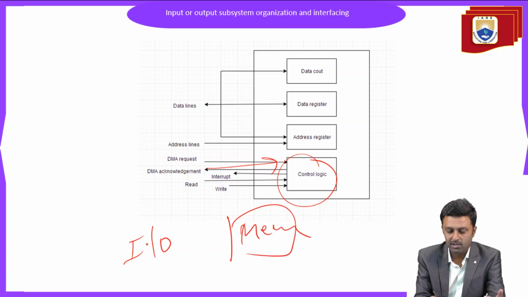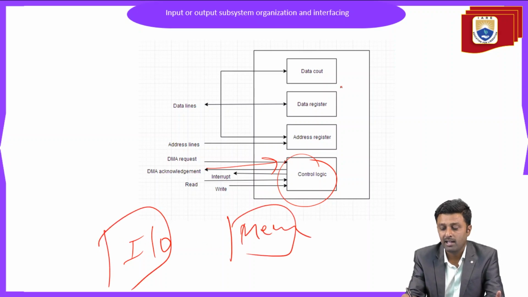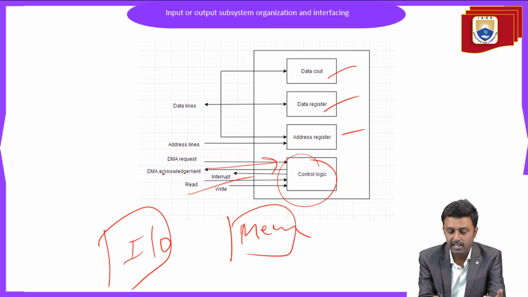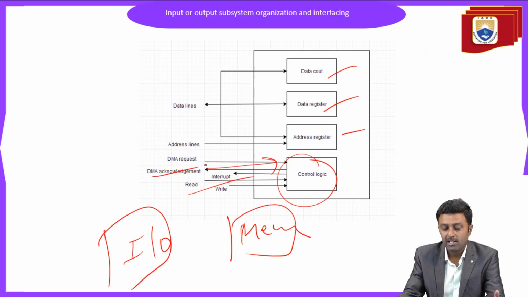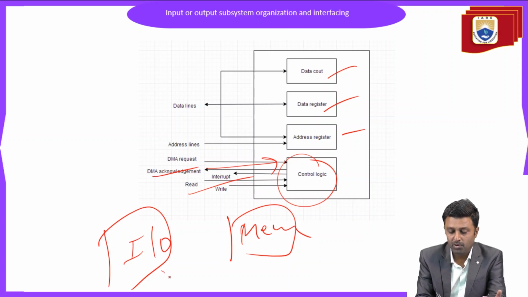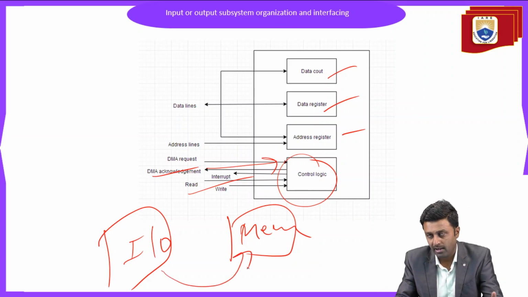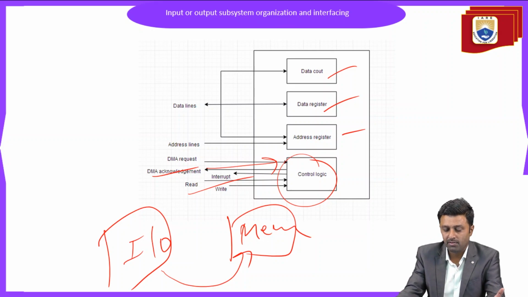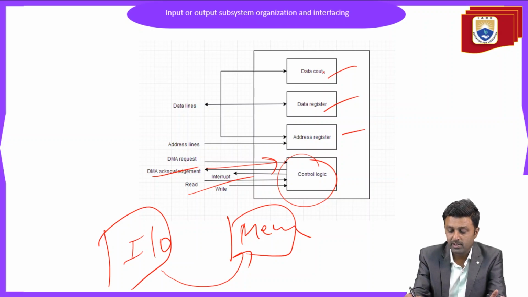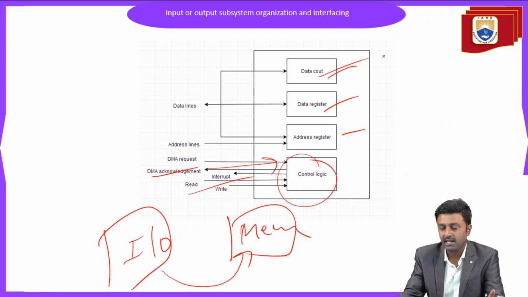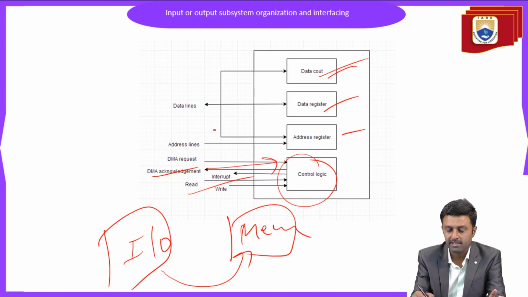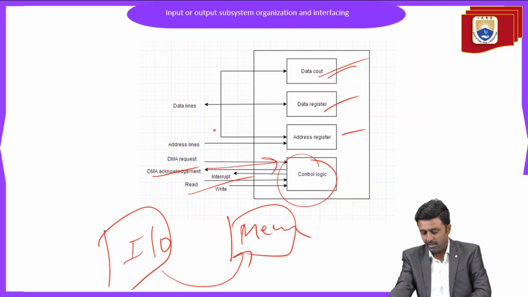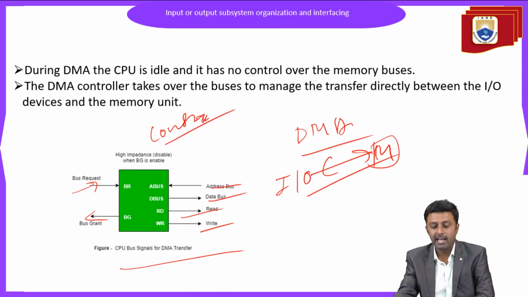Once the control logic says that the buses are free, the DMA will get an acknowledgement, so that the input-output devices can start communication or exchange of information between the memory and IO devices. Then, with the help of the data registers and address registers, the data transfer happens in the computer. So this is about direct memory access.